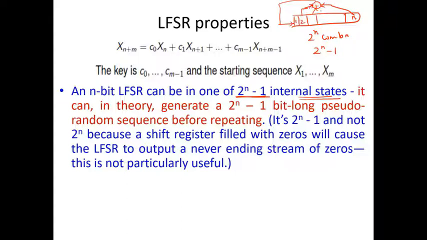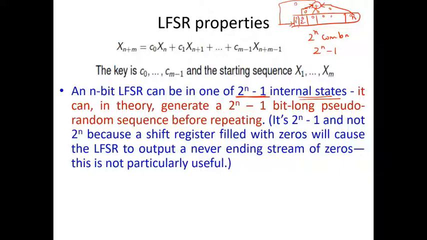For an XOR gate, if all its inputs are zeros, the output will constantly remain zero. So it can never come out of that configuration easily. So the all zero state is avoided here. If the shift register enters the all zero state, there is no chance that we can come out of this state using this XOR operation.